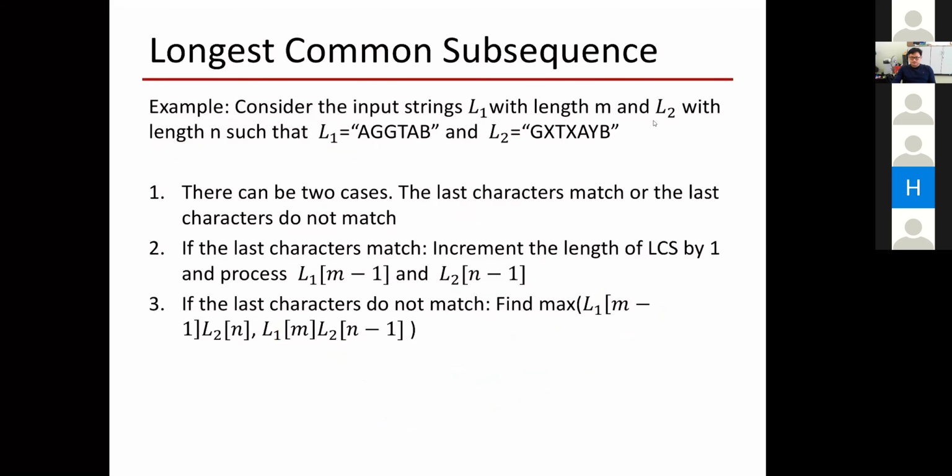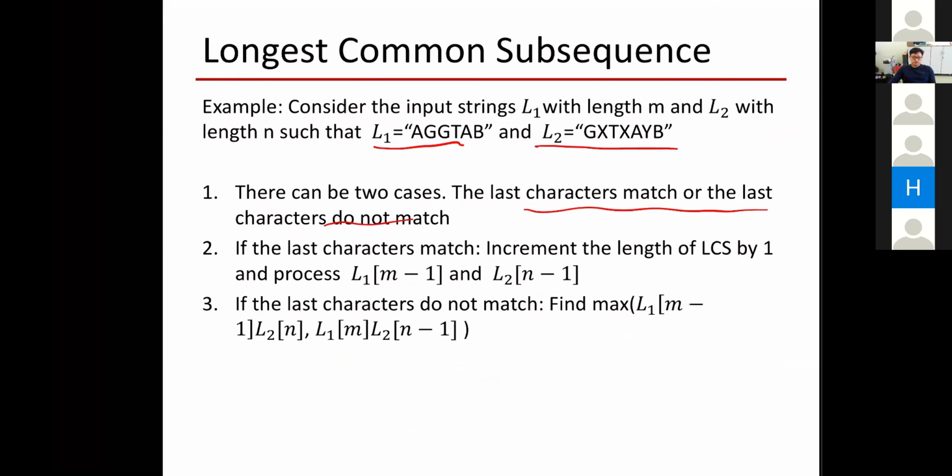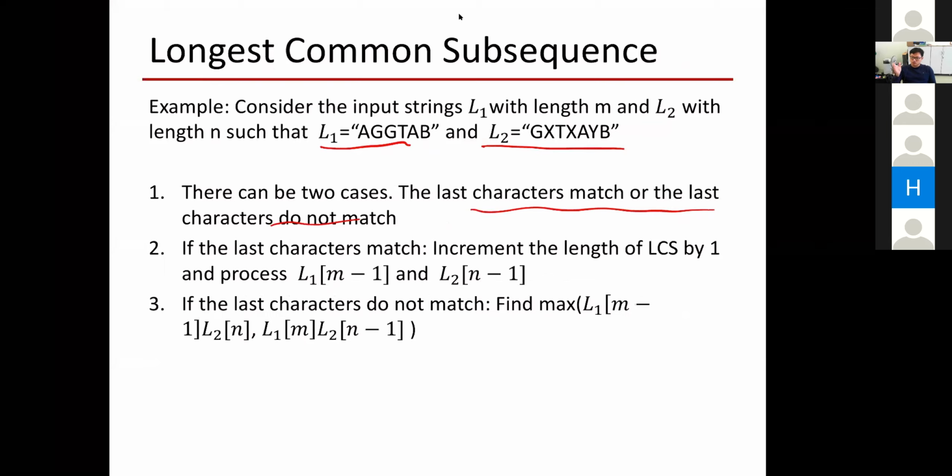So LCS with two strings, L1 and L2. There are two cases: the last character matches or it doesn't. If it matches, oh, I found a match. If not, I may look for other sequences by subtracting one.